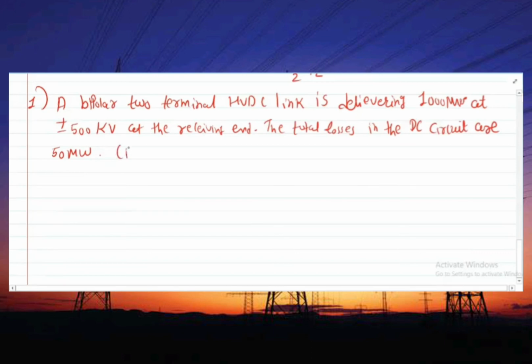Calculate the following. The first part is sending end power. The second part is sending end voltage. The third part is power in the middle of the line.